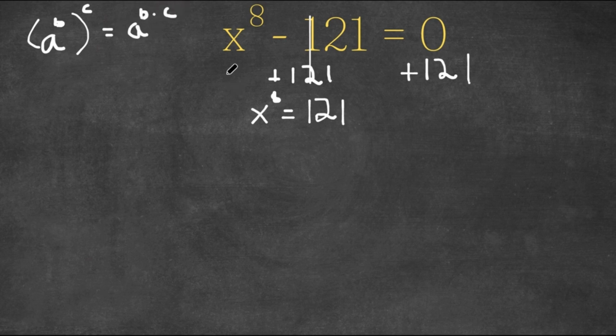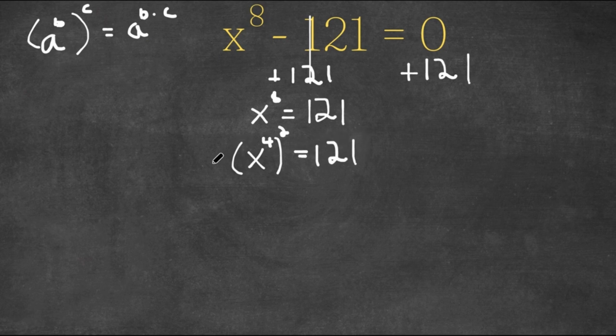So what we're going to do is change our x to the power of 8 here so that it is in this form, a to the power of b to the power of c. So we're actually going to change this to x to the power of 4 to the power of 2. Because 4 times 2 is 8, and that's x to the power of 8. And this is equal to 121.